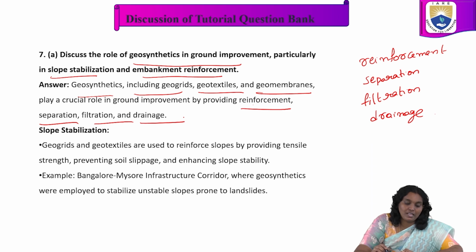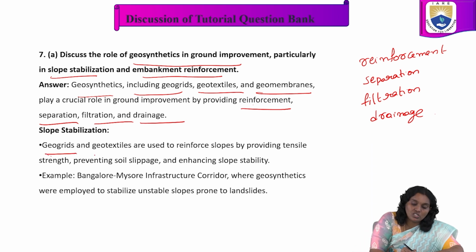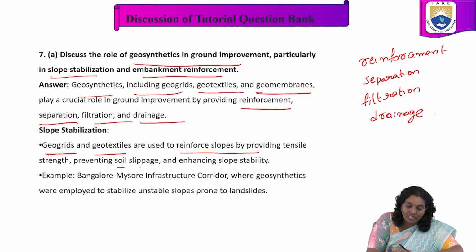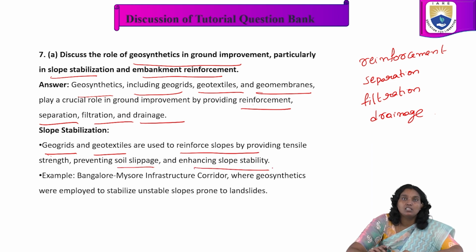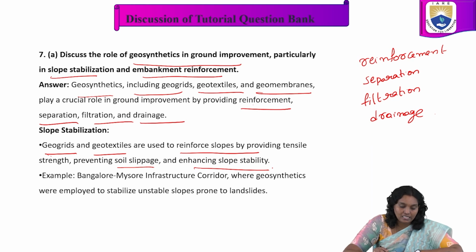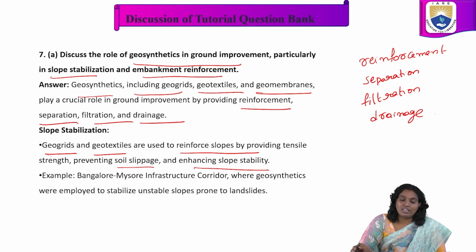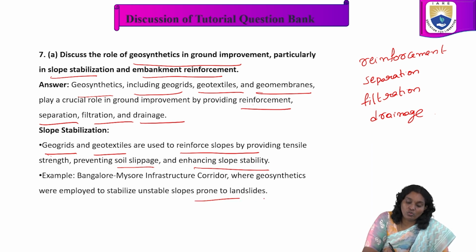In slope stabilization, geogrids and geotextiles are used to reinforce slopes by providing tensile strength, preventing soil slippage, and enhancing slope stability. Example: the Bangalore-Mysore infrastructure corridor, where geosynthetics were employed to stabilize unstable slopes prone to landslides.